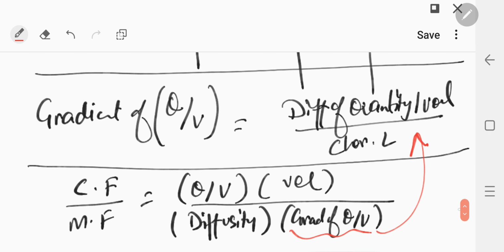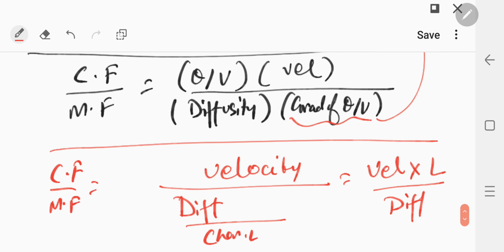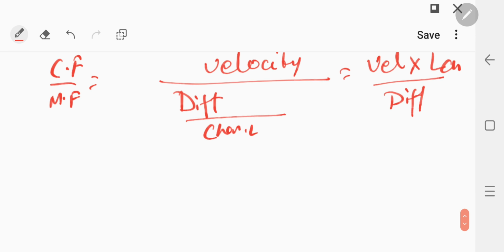You can see, substitute over here. Now the gradient of that will be the difference in the quantity per unit volume divided by the characteristic length. Now this gets cancelled: the quantity per unit volume and the quantity per unit volume cancel. It's left with velocity divided by diffusivity divided by the characteristic length, which is nothing but velocity into the characteristic length over diffusivity.